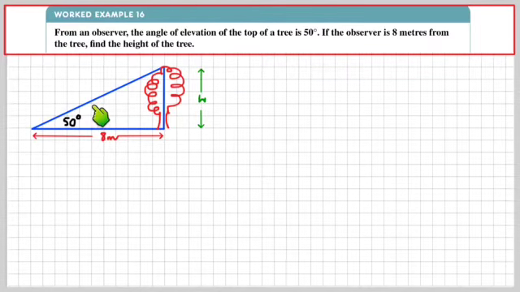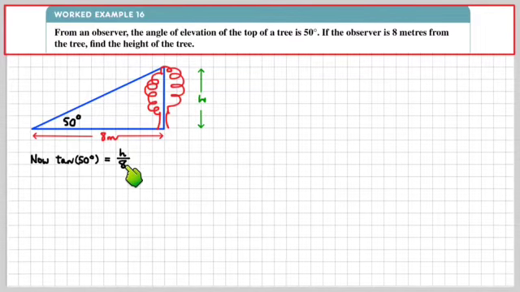And this one here, the side next door to this angle, but not the hypotenuse, is this one here, which is called the adjacent. Therefore, we're going to use opposite and adjacent, which gets us tan. Okay, tan of 50 degrees is h over 8. Now all we have to do is solve that with some algebra for h.